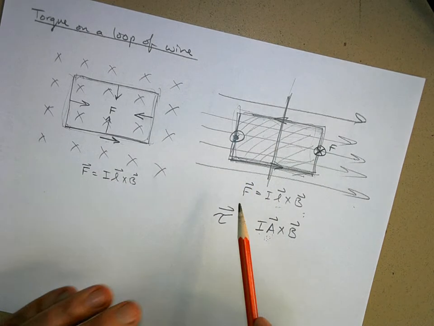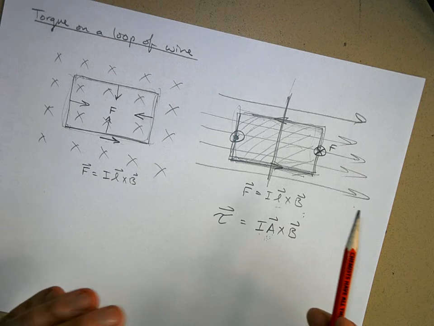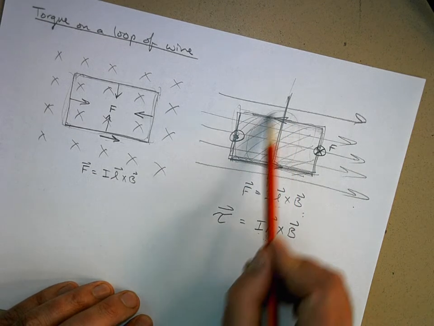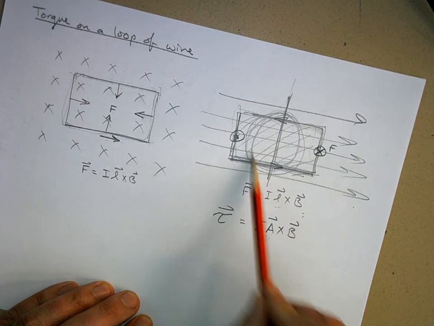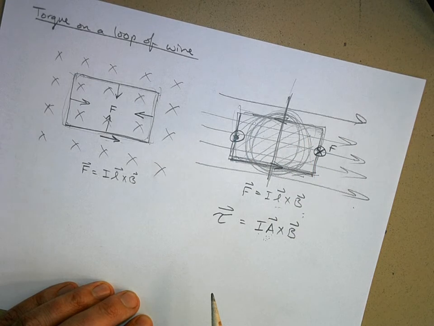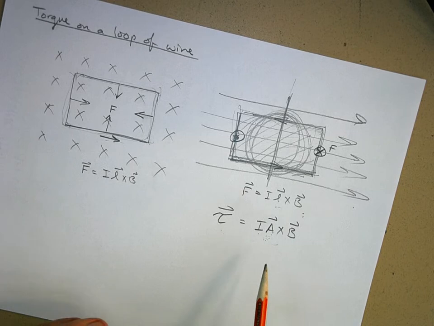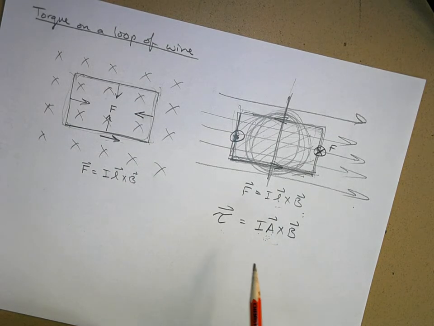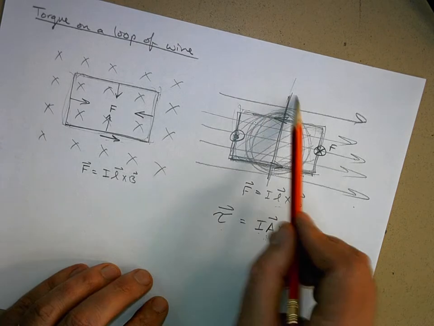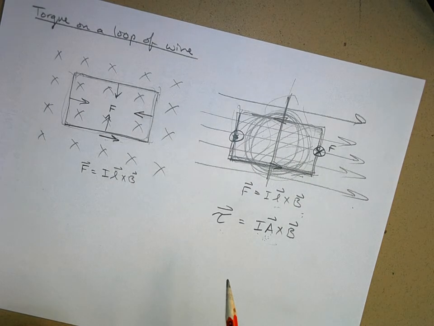It doesn't have to be a rectangle; it could be a circle. Most motors actually have circles like this. Why did we use a rectangle? Because when we derived the torque, it was much easier to derive the torque equation using a rectangle rather than a circle. But one could use a circle or an amoeba shape or whatever you want in there. Amoeba wouldn't be very efficient, but it could work.